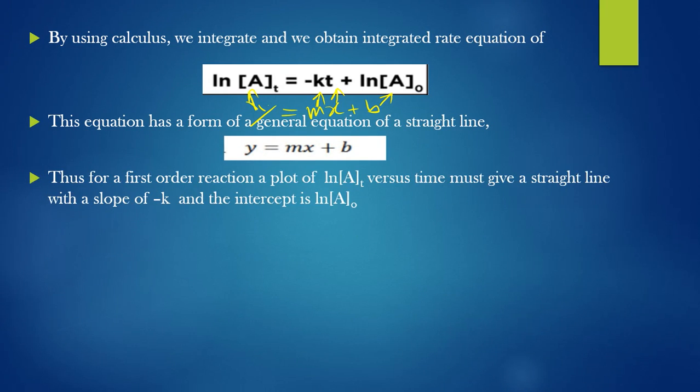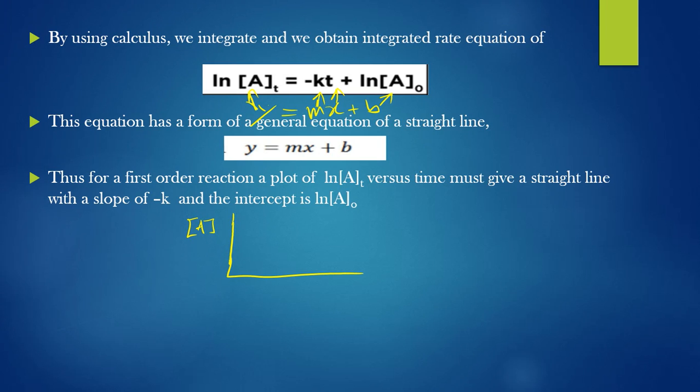And then thus for a first order reaction, a plot of ln A versus time must be a straight line with a slope of negative k, that's the constant, and the intercept is the initial ln A.